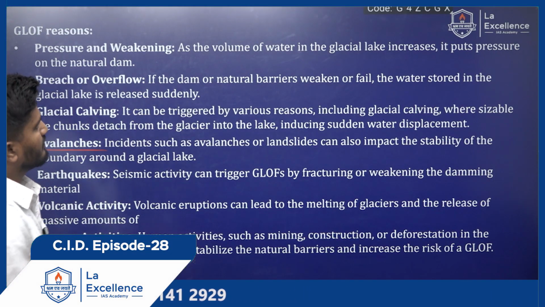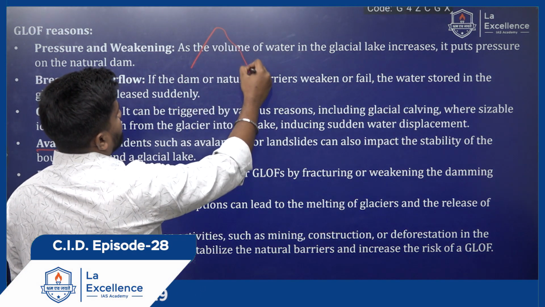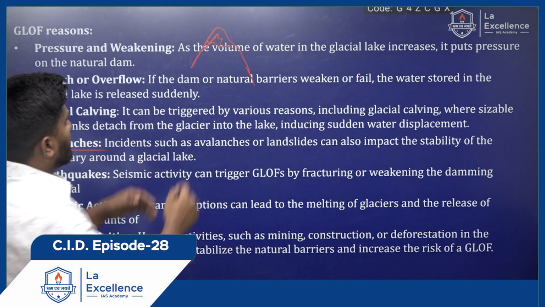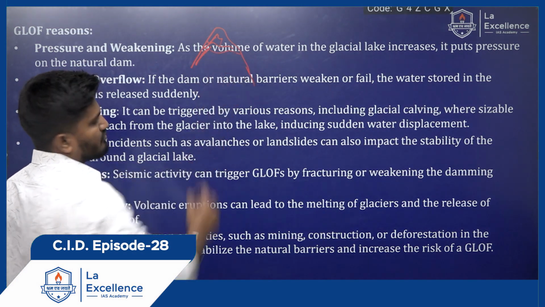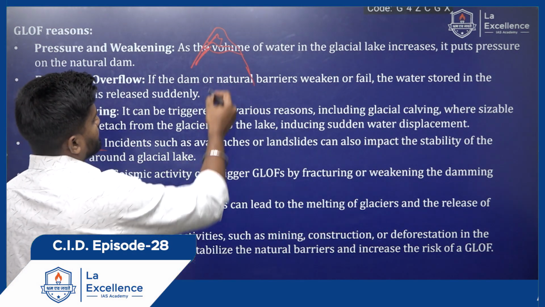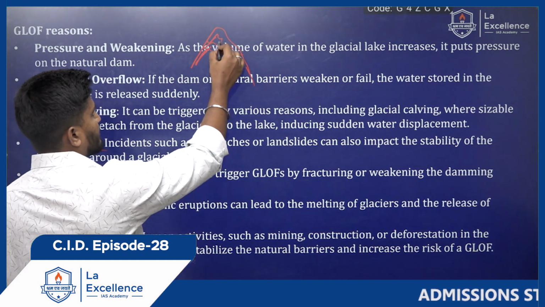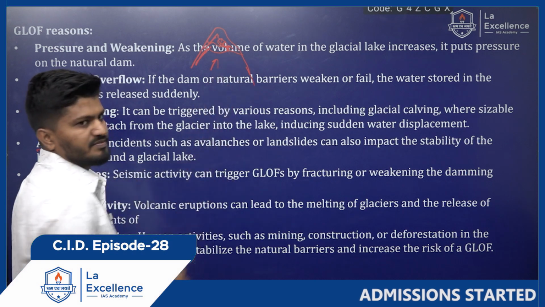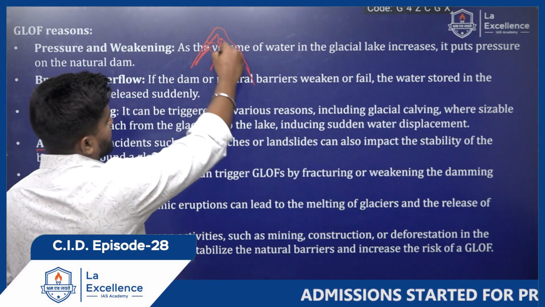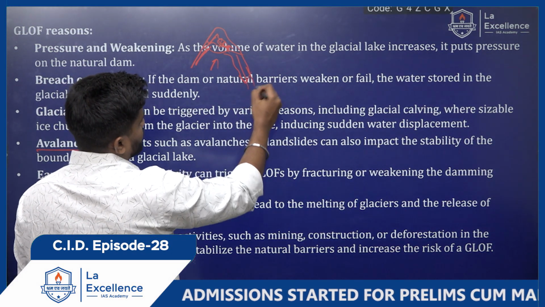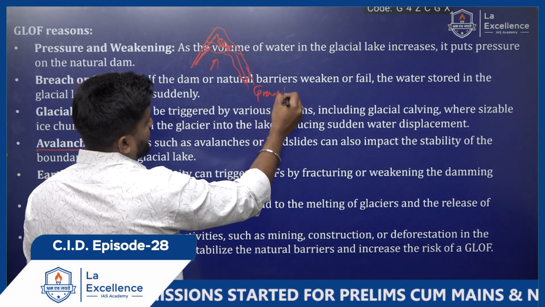What are avalanches? So this is a mountain again. On top of mountains there will be ice and glaciers. Because of some reasons, like geological events, earthquakes or volcanic eruptions, the ice along with the debris present here starts moving down the region. Okay, they will start moving down because of the slope as well as the effect of gravity.